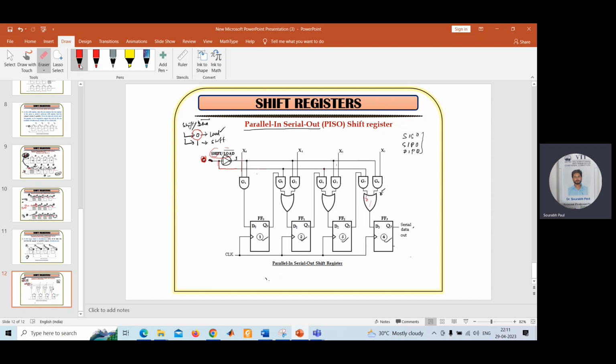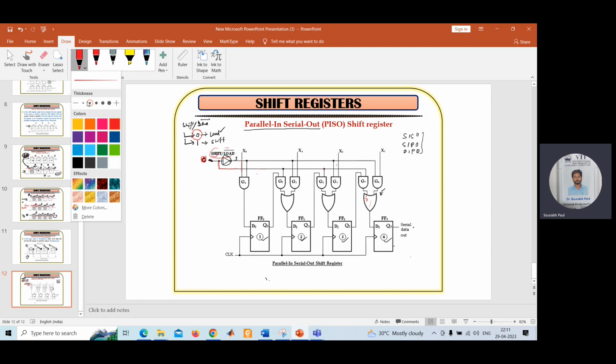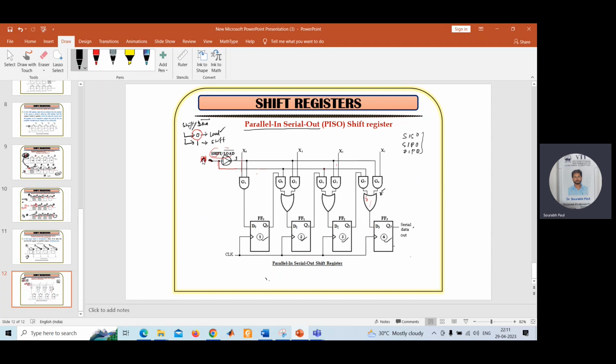You have to use this particular input, meaning this terminal now has to be connected to 1. Okay. Now, in this case, we are doing the second operation, that is the serial out operation.